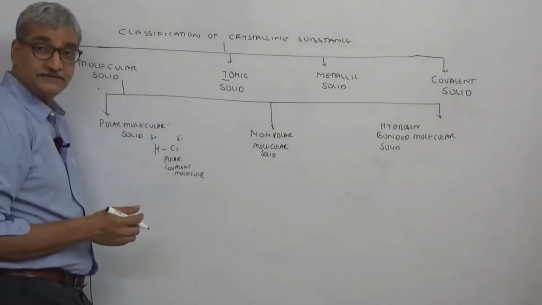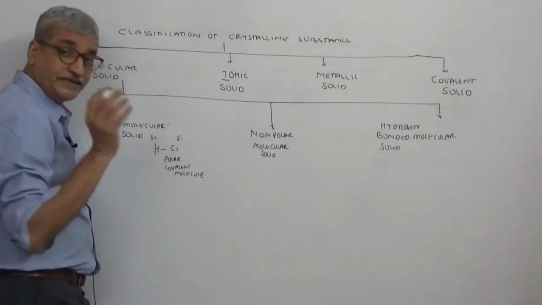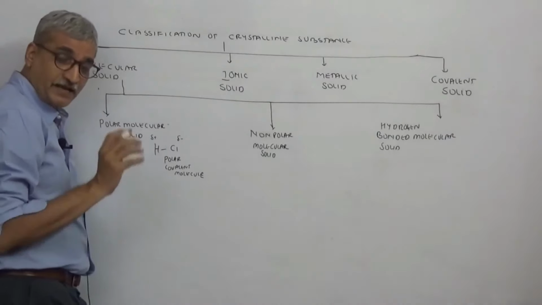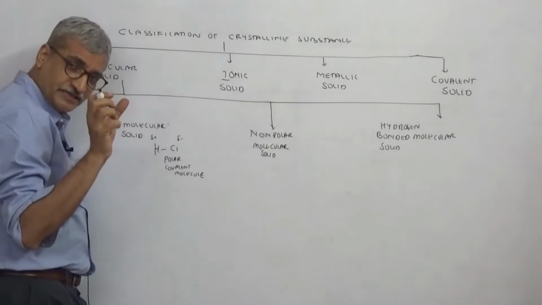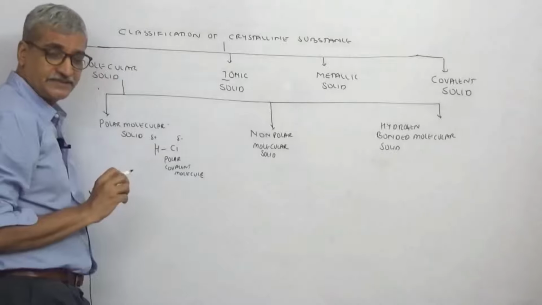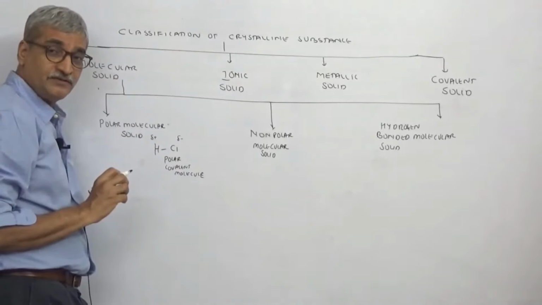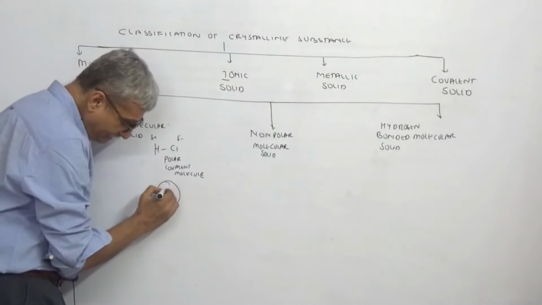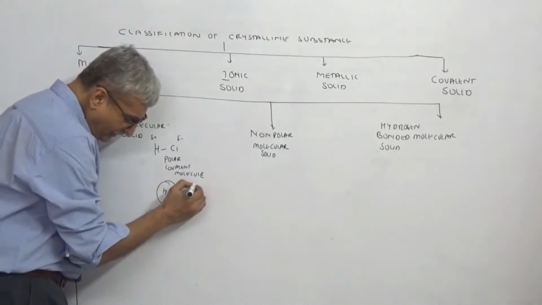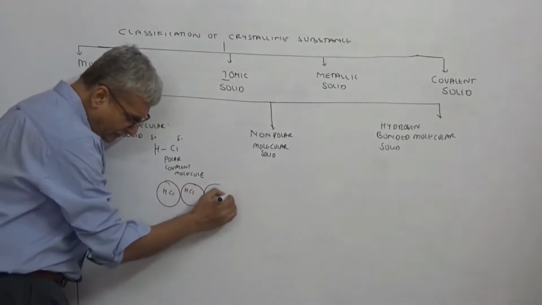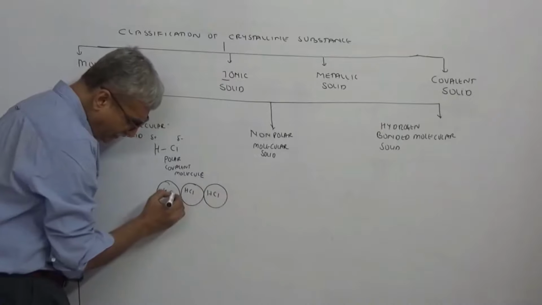Now the normal physical state of HCl is a gas. You can increase the pressure and reduce the temperature to liquefy it, and then you can solidify it. So this will be one HCl molecule, another HCl molecule, and another. How are they held together?